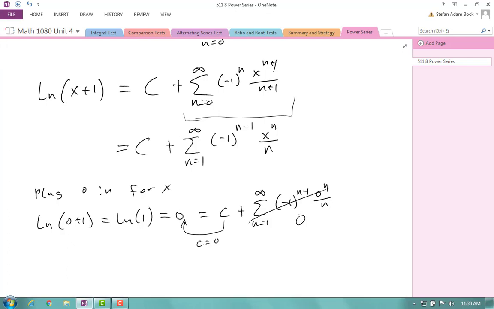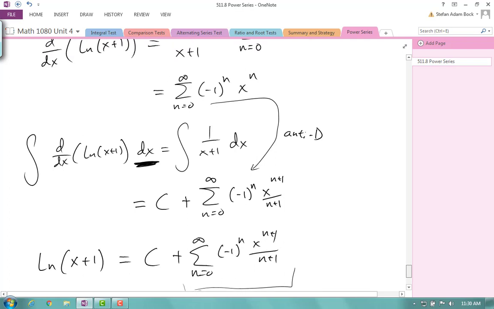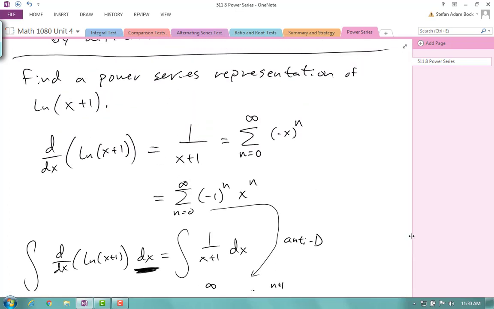But I found a power series for natural log. What I should be interested in is whether this power series is actually equal to the natural log somewhere interesting. However, this series right here has a radius of convergence of 1.